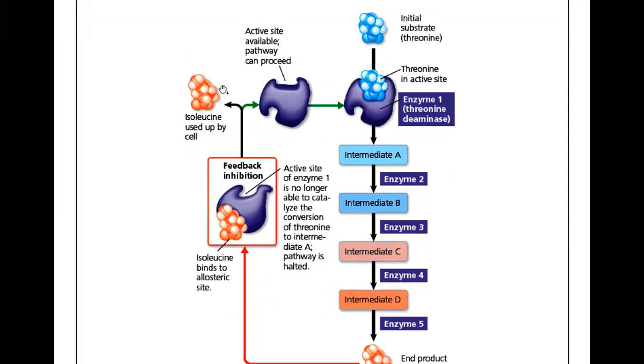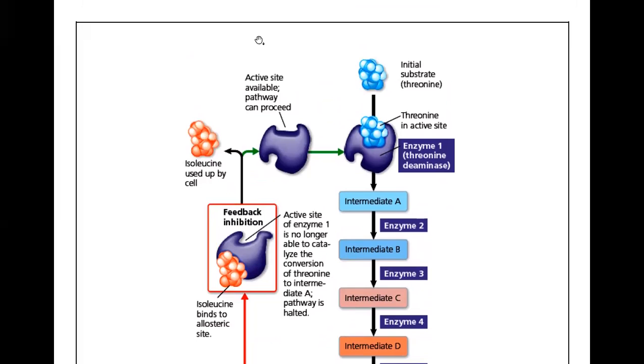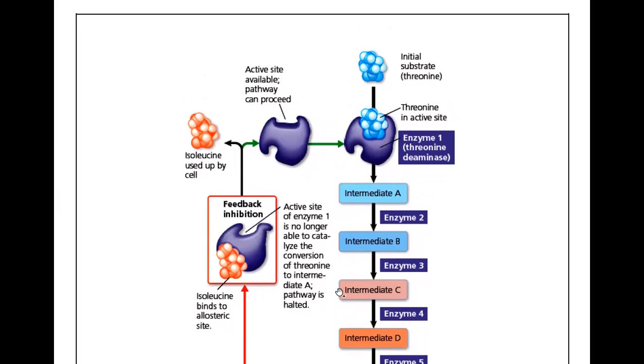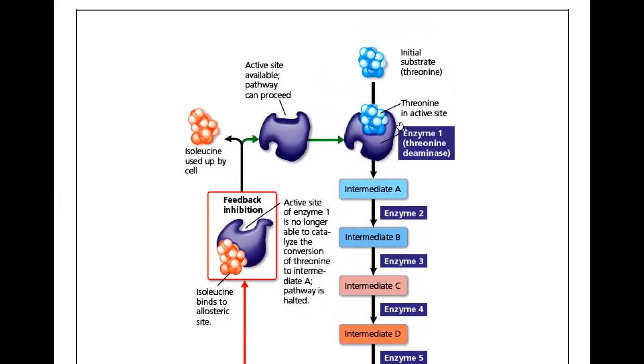Isoleucine. The product is isoleucine. The substrate is what? The total purpose of this metabolic pathway is converting the substrate to isoleucine.